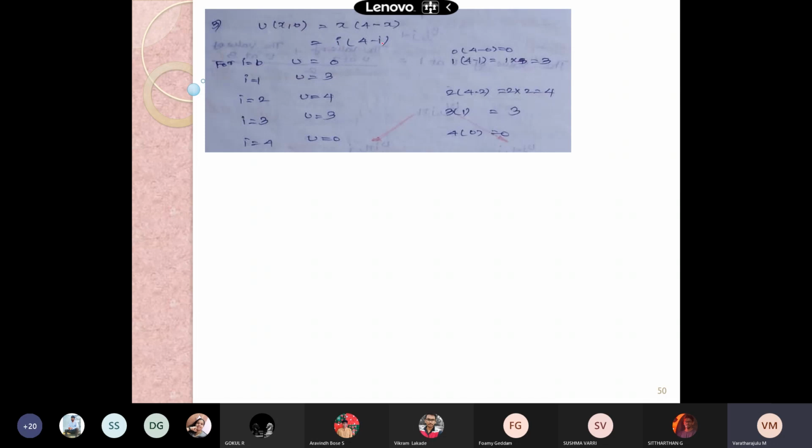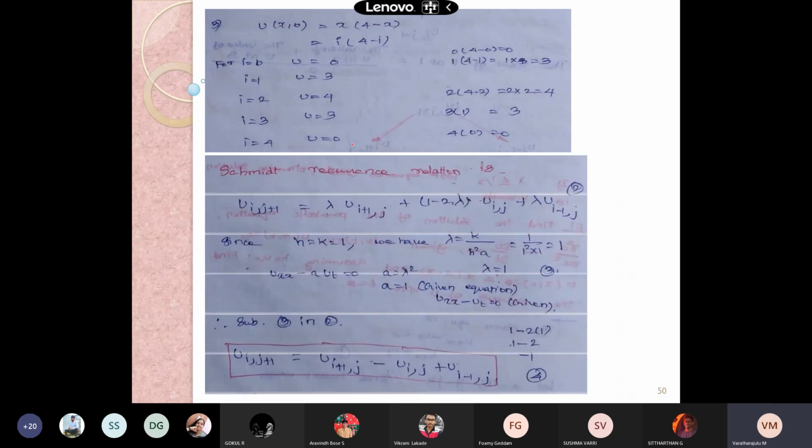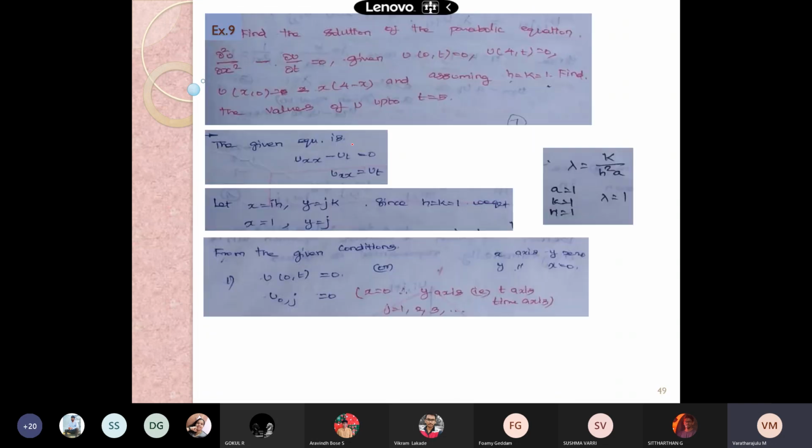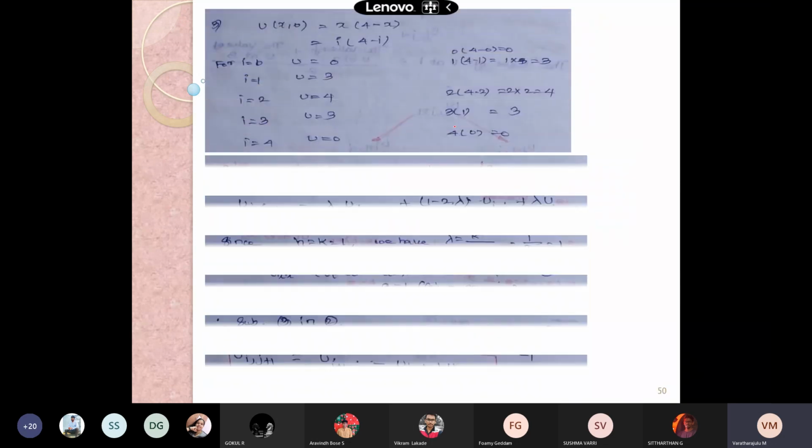When i is equal to 3, that becomes 3. When i is equal to 4, u is equal to 0. Why have I stopped at i equal to 4? Because I need to continue this solution till my u up to t is equal to 5.